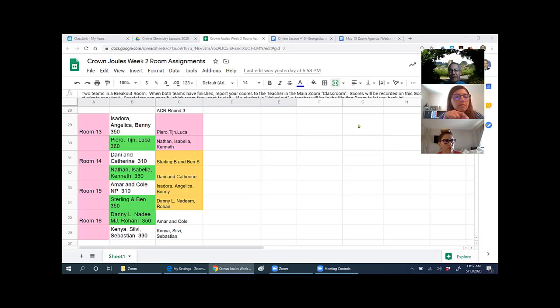Room 4, 5, 6, 7, 8 with 5 each. Room 8, 1 through 6 plus 1. That's a teacher. Room 9, 1 through 6.